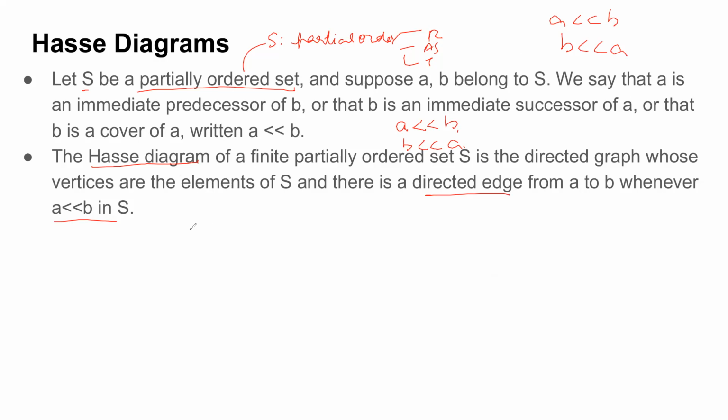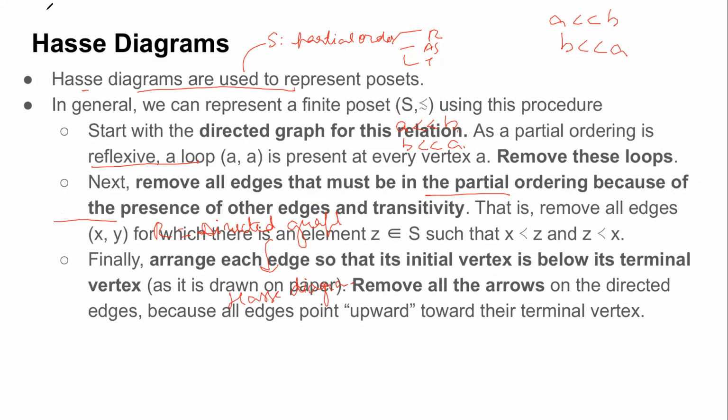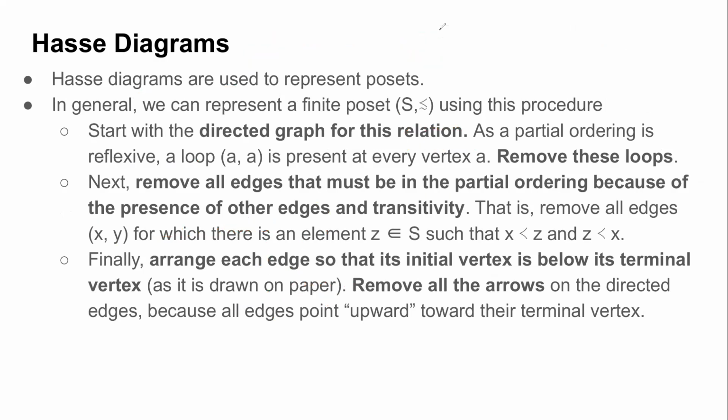If you recall, any relation can be represented by a directed graph, and a special version of this directed graph is a Hasse diagram. Let us see how to make it.